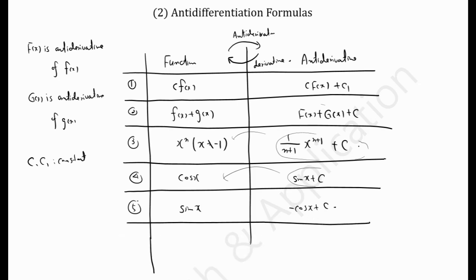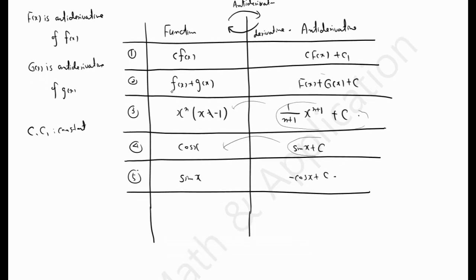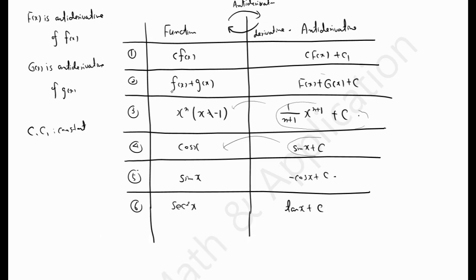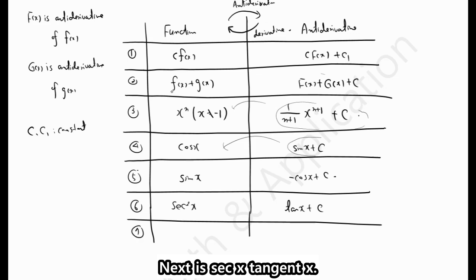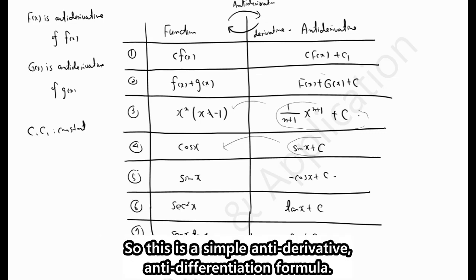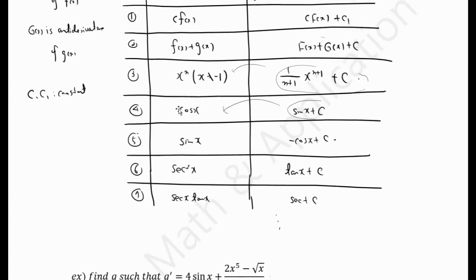So next is sec squared x. Its antiderivative is tangent x plus c. Next is sec x tangent x. The antiderivative is sec x plus c, and so on. So these are the simple anti-differentiation formulas.